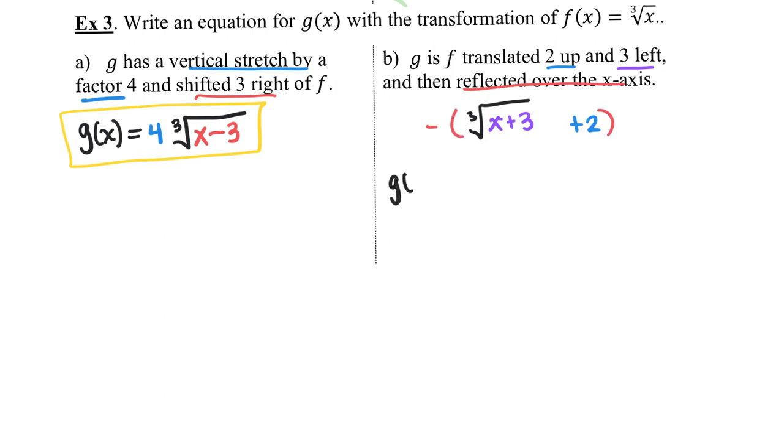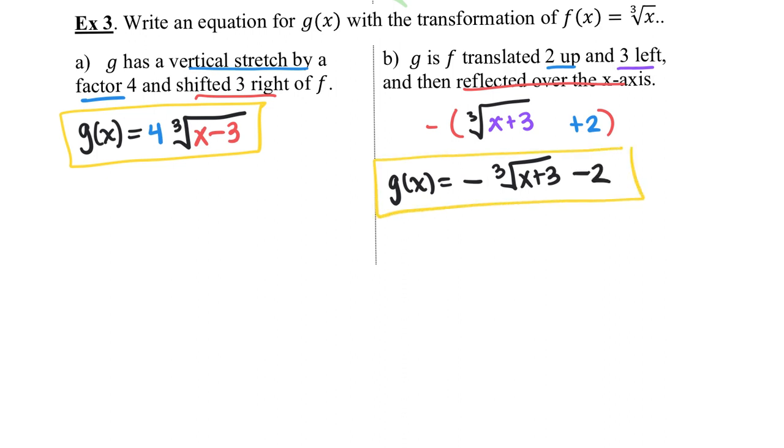Okay, so g of x is going to equal negative third root of x plus 3, and now it's going to be minus 2. Okay, let me double check my information too. Okay, g is f, what's f? Third root, 2 up, 3 left, and then I times everything by a negative to reflect it.